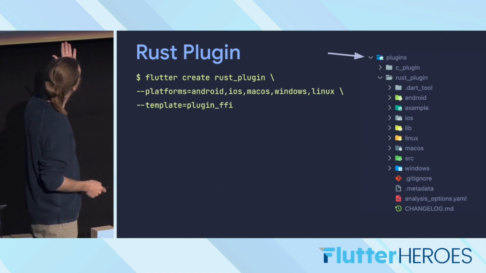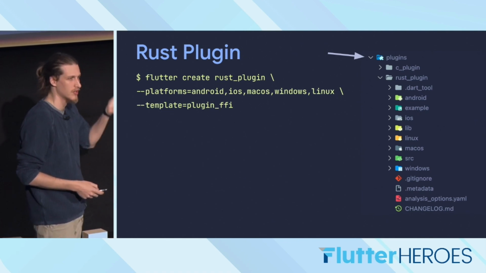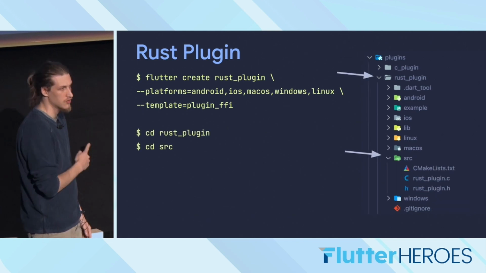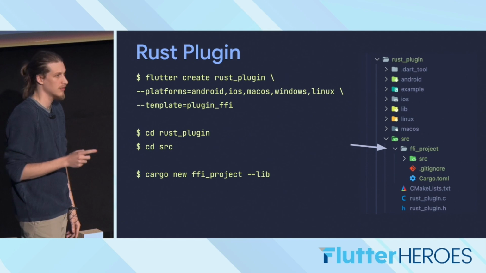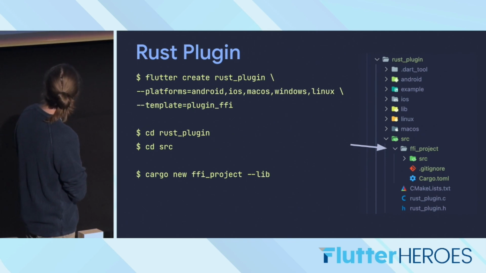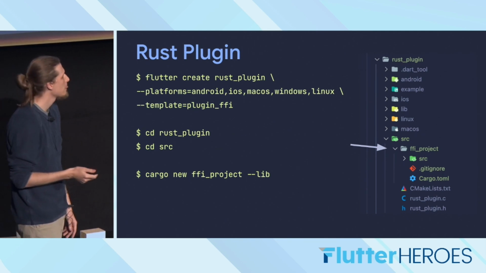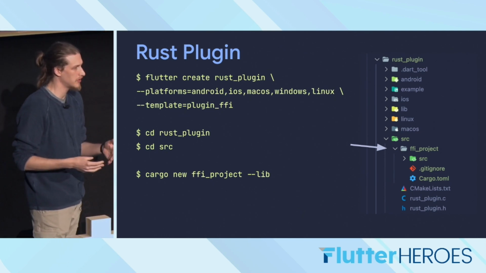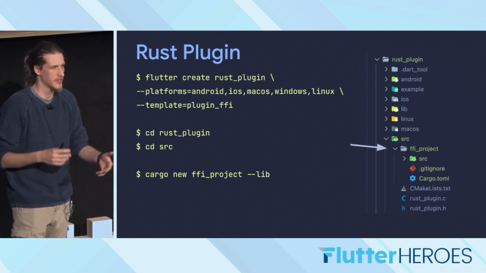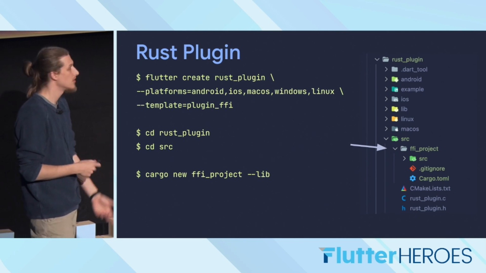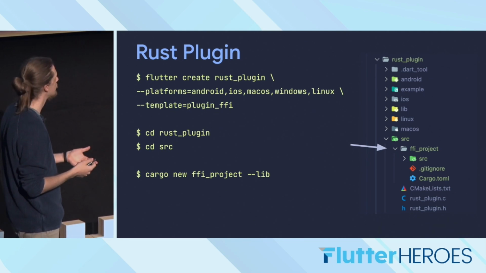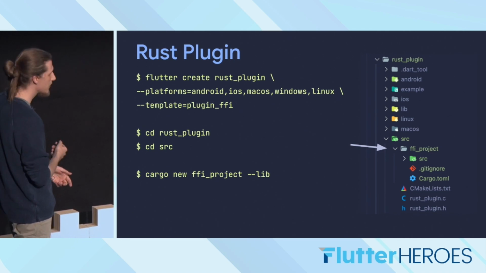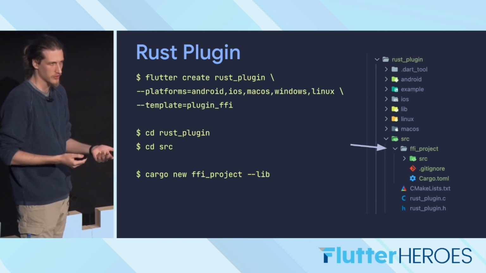I ran the same exact command as earlier, but this time, inside the source folder, I'm going to run the cargo new command because C is directly usable, okay, and instead Rust is not usable out of the box, so we need to create the project on our own, okay.